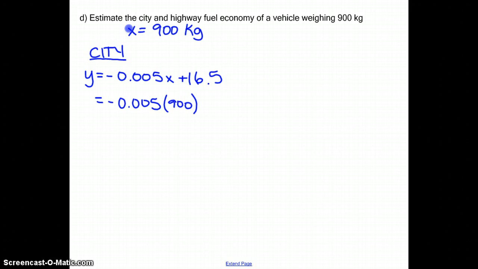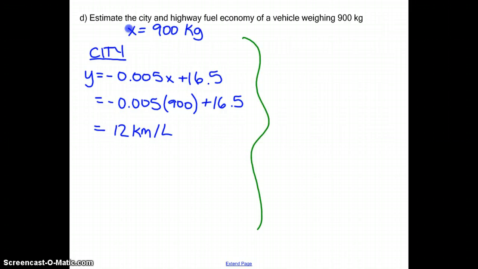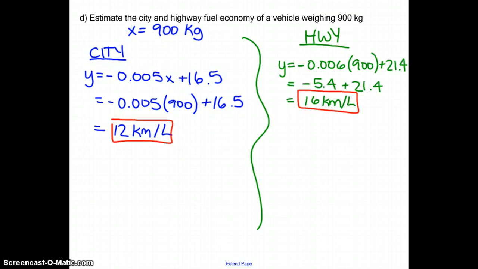We're subbing in 900 for x, and you should end up with about 12 kilometers per liter as your fuel efficiency. Go ahead and try highway on your own. All right, just double check your answers with mine on the board. You should have ended up at 16 kilometers per liter for highway driving.